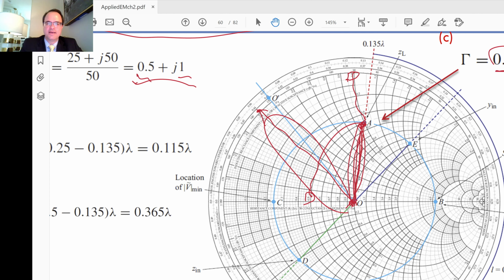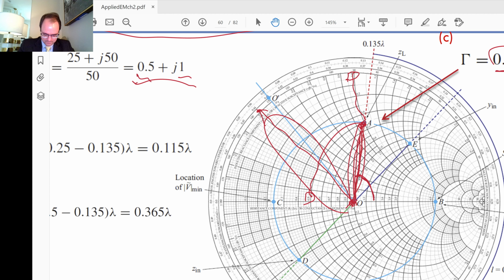That is, O to A is 0.62 of what O to O prime is. Then they would measure the angle above the real axis, and it's 83 degrees. So we have that to be the reflection coefficient.